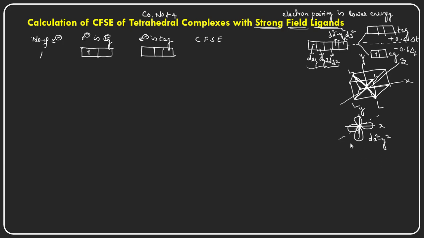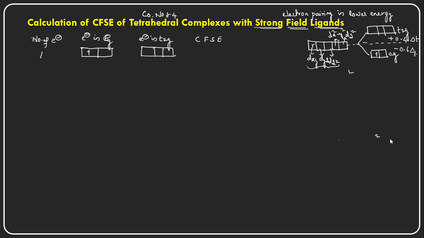So in the same manner we can take one formula also. So what is the formula here? I am going to give you a formula for this. The formula for the tetrahedral complexes is minus 0.6 into the electrons present in the Eg orbitals plus 0.4 into the electrons present in the T2g orbitals.